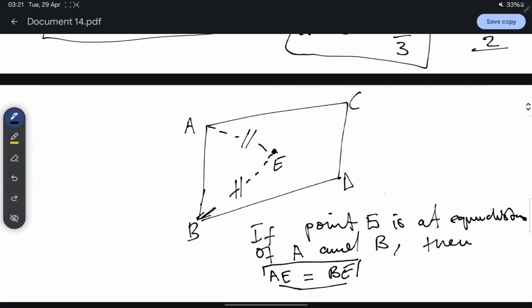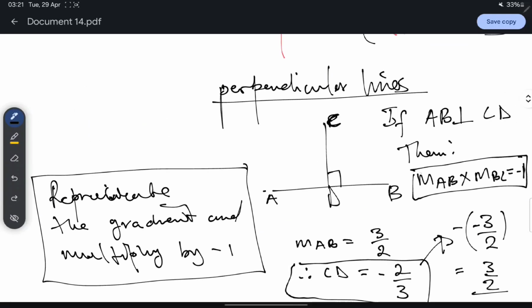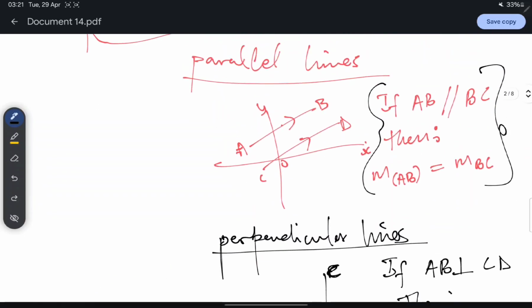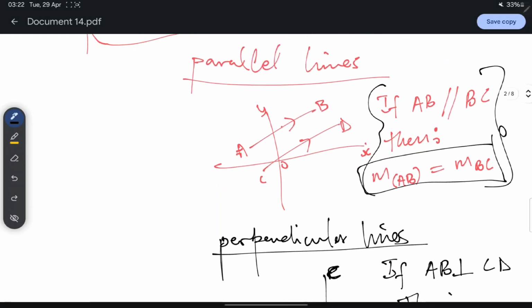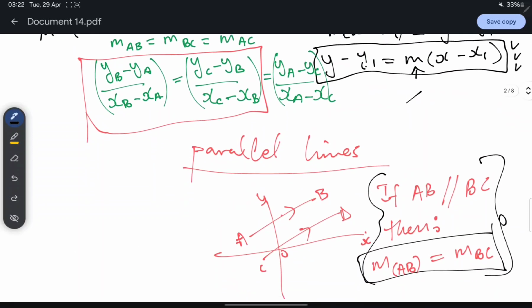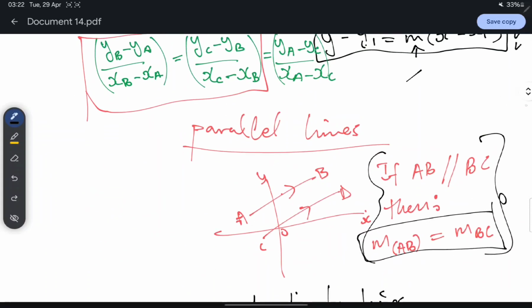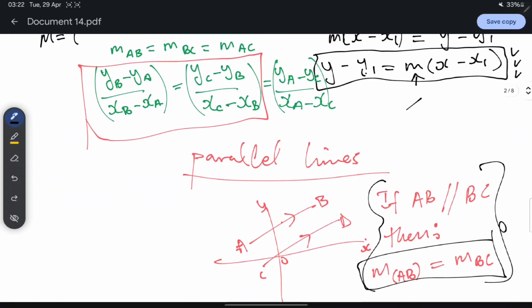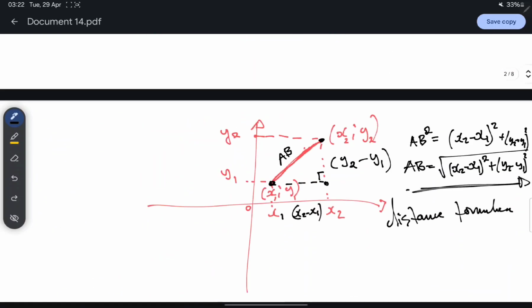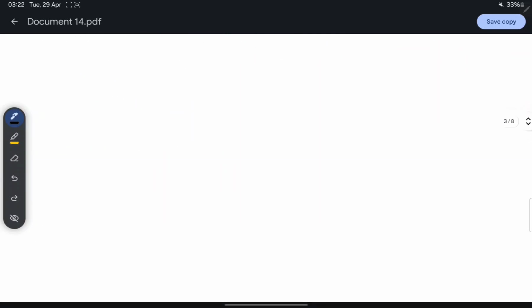So here you use the distance formula. Here you use the idea of the product, that is -1. Here you use the idea that the gradients are the same. All right. Here you use the idea that the gradients are equal.